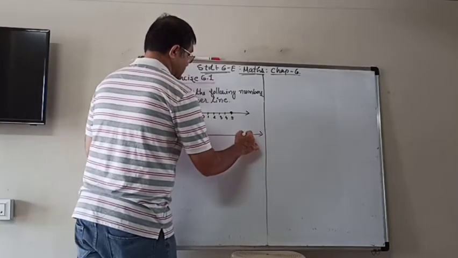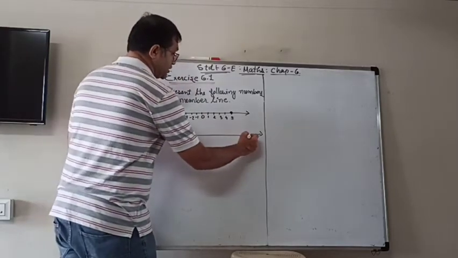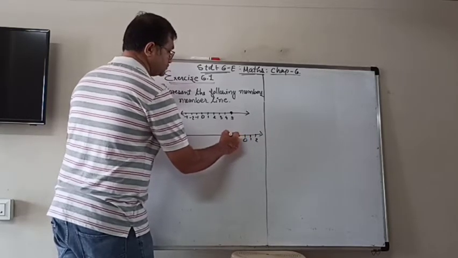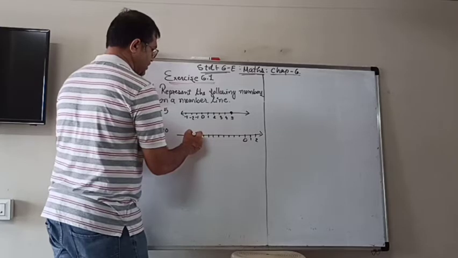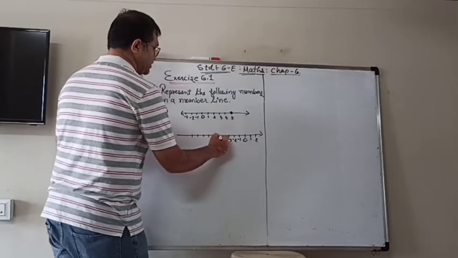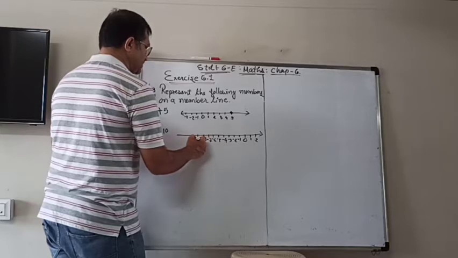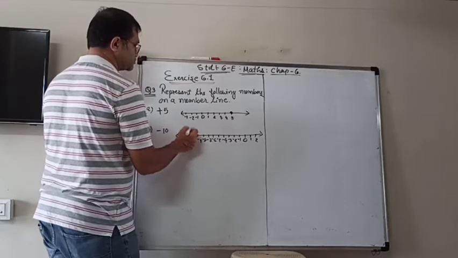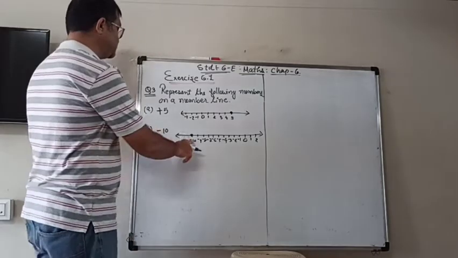So we will take 0 this side, and then this side, 1, 2, 3, 4, 5, 6, 7, 8, 9, and here it will be minus 1, minus 2, minus 3, minus 4, minus 5, minus 6, minus 7, minus 8, minus 9 and minus 10. So that is our required number. You can make it a little darker than the other.